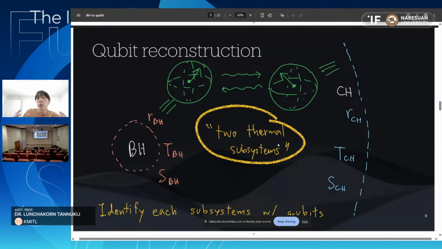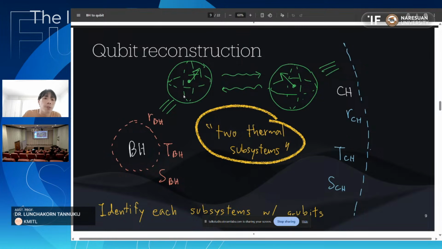Since we already think that our Schwarzschild-de Sitter system can be divided into two thermal subsystems, each with its own temperature, I will try to reconstruct a qubit for each of the subsystems. To make it more obvious, we have a black hole horizon system right here, with its temperature and its entropy.